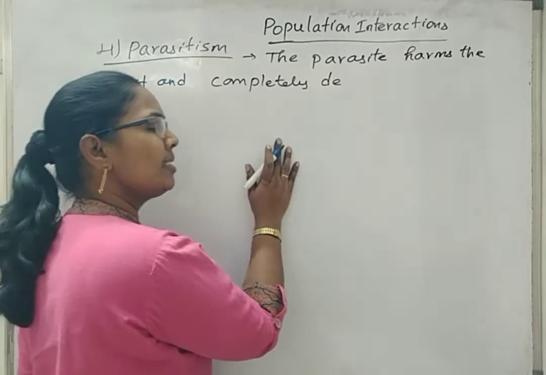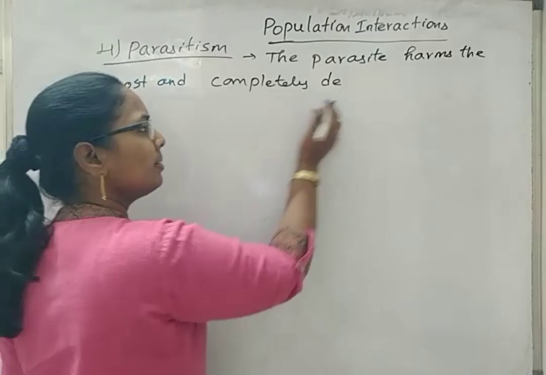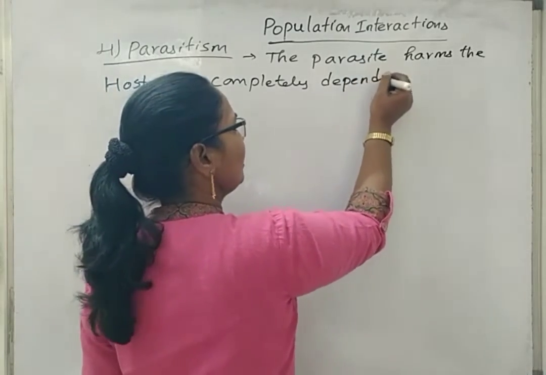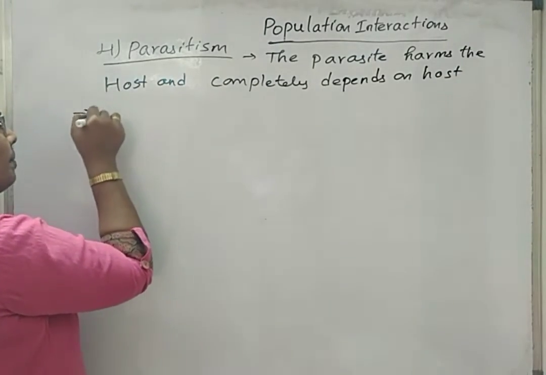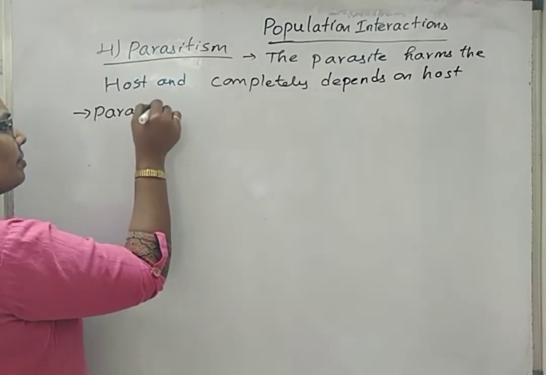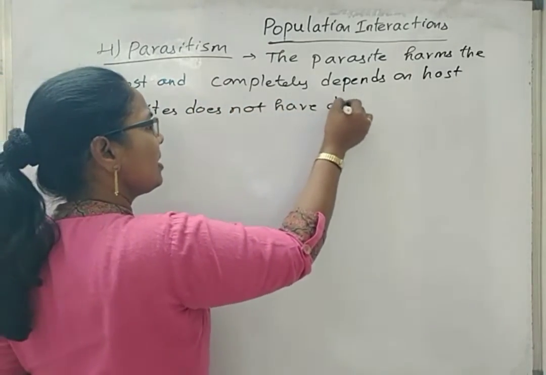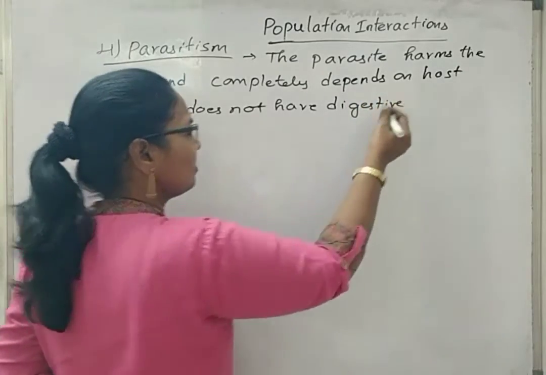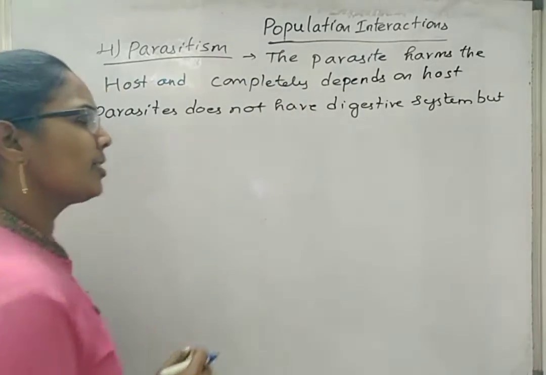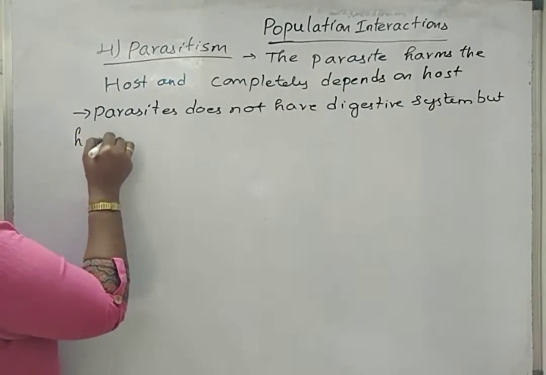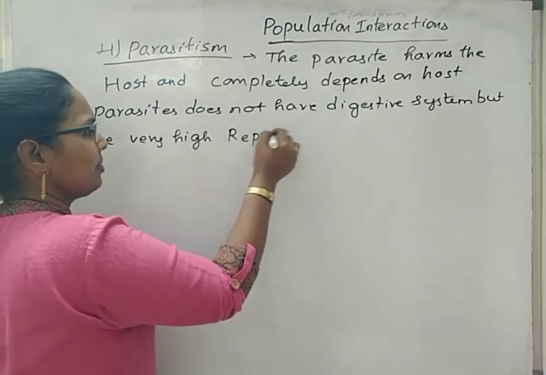There are some types of parasites that are facultative parasites, but here we are talking about only the complete parasites, which completely depend on the host. Parasites do not have a digestive system, but have a very high reproduction capacity.